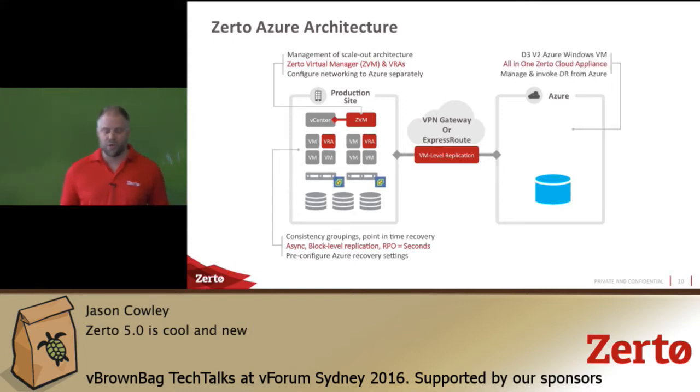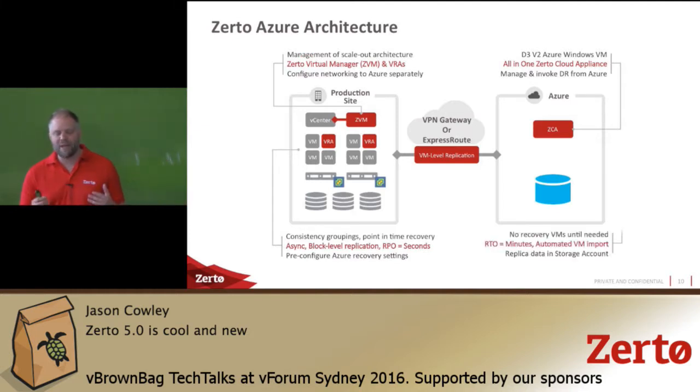When we go up into Azure, we're going to require a single D3v2 Azure Windows VM that we're going to install the ZCA on, which is the Zerto Cloud Appliance. Now the Zerto Cloud Appliance basically combines the functionality of the ZVM, which is the management console, and the VRA, which is the data mover, into a single appliance.